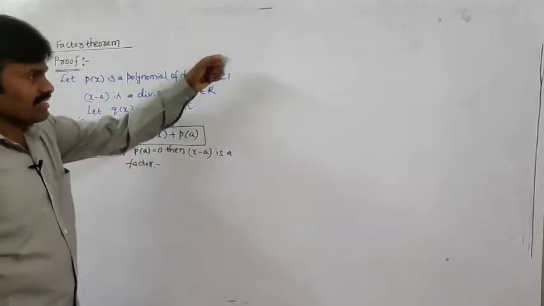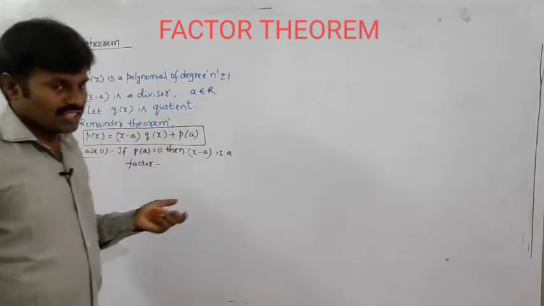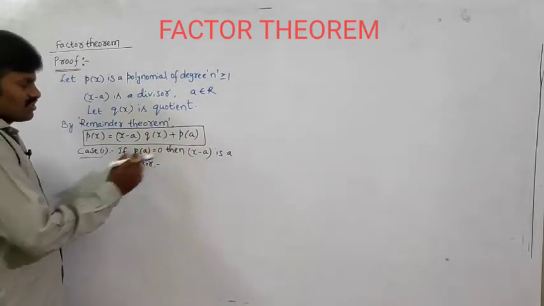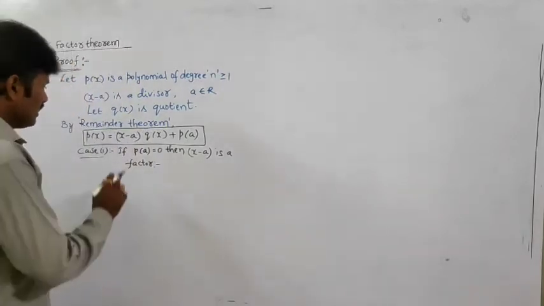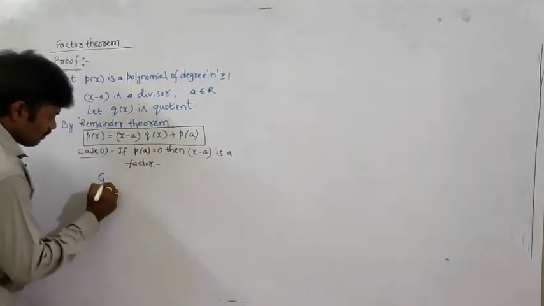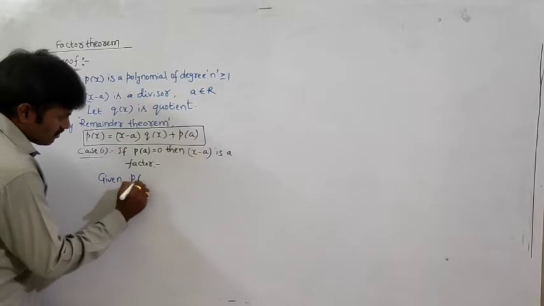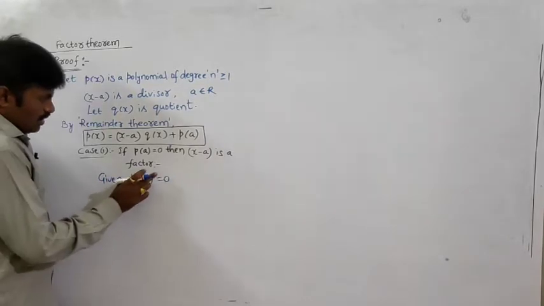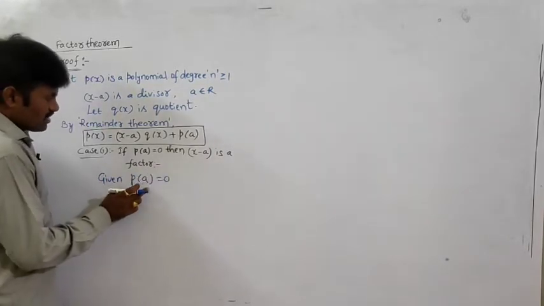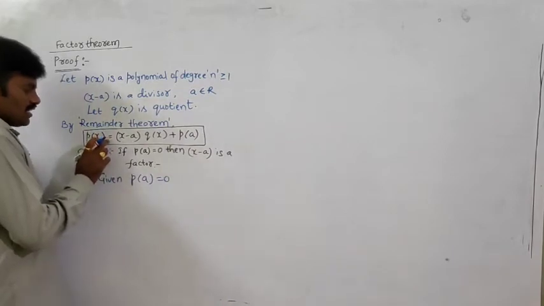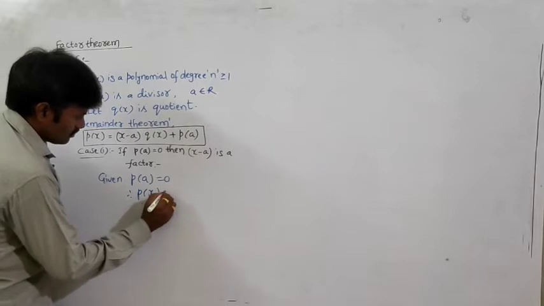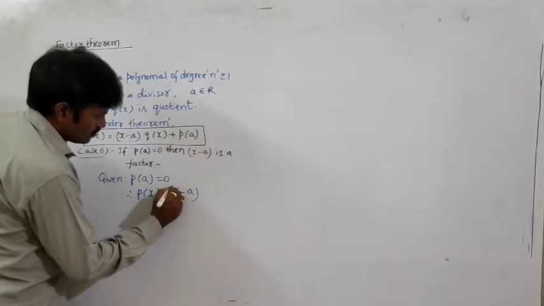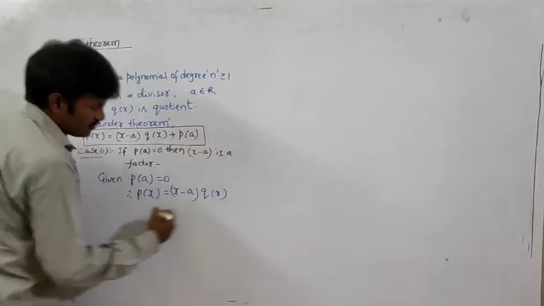Now according to our factor theorem, what is the first proposition? If p of a is equal to 0, then we have to show that x minus a is a factor. So given that p of a is equal to 0, substitute p of a is equal to 0 in this equation, therefore p of x is equal to x minus a into q of x.